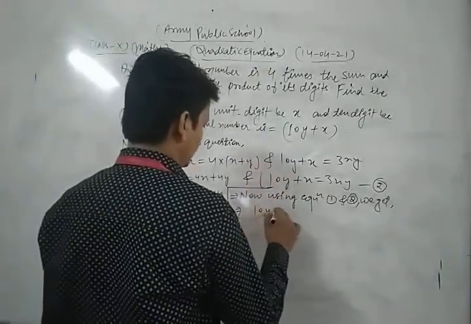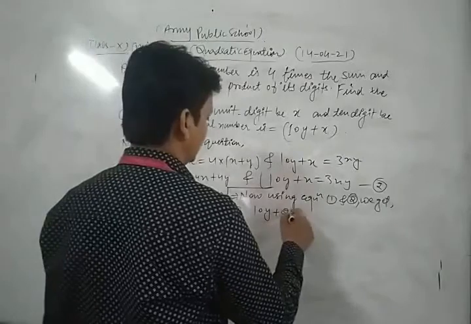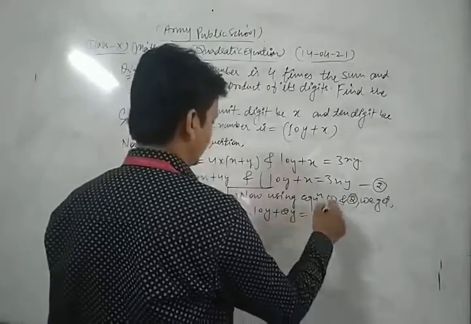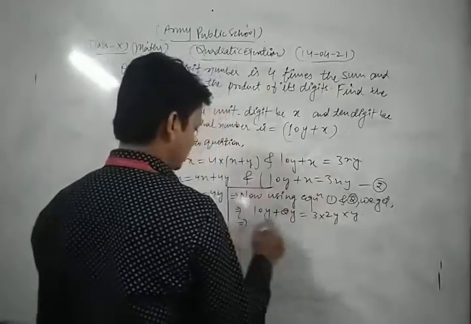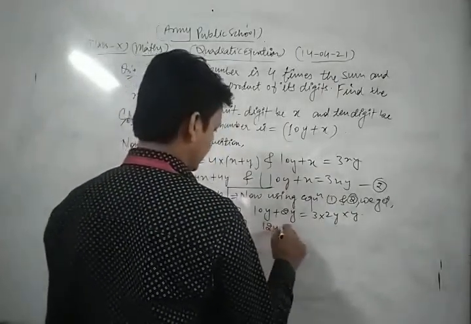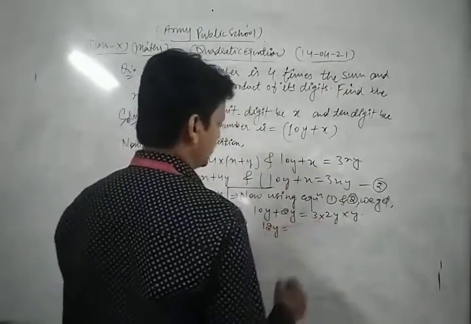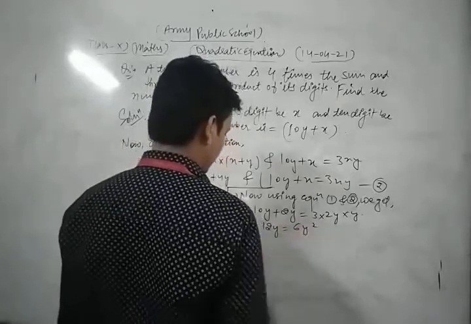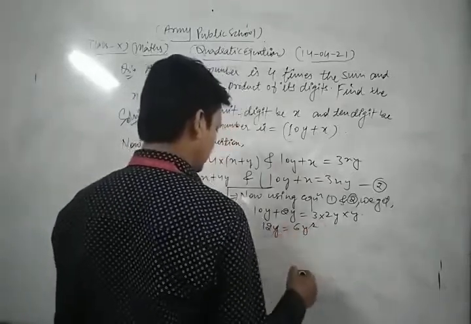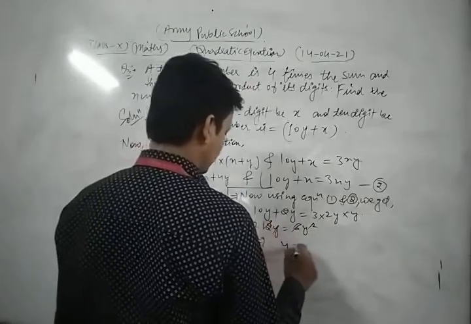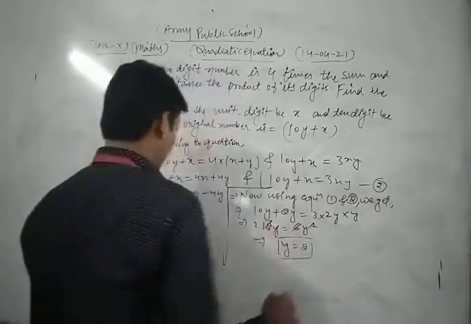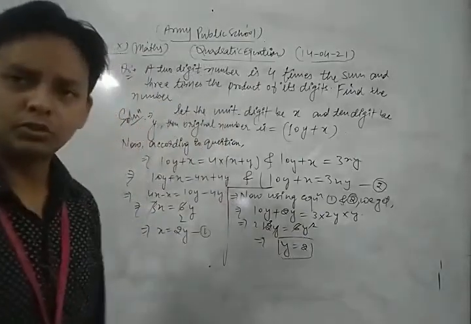So 10y plus 2y is equal to 3 into 2y into y. Now this is 12y is equal to 6y square. So y cancels on both sides, 6 twos are 12. Thus the value of y is 2.